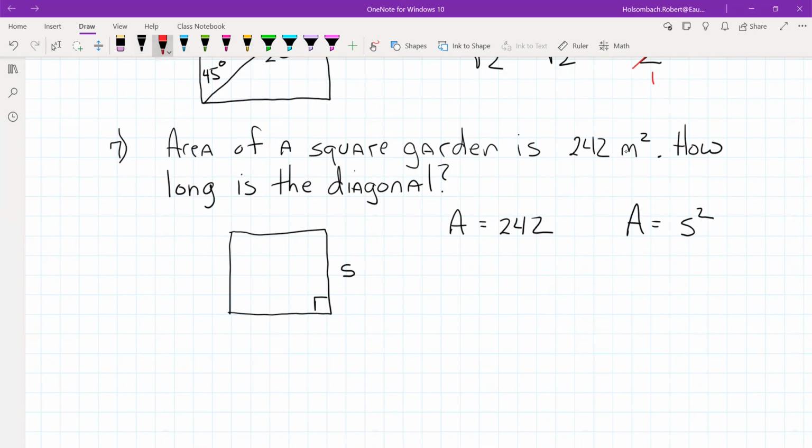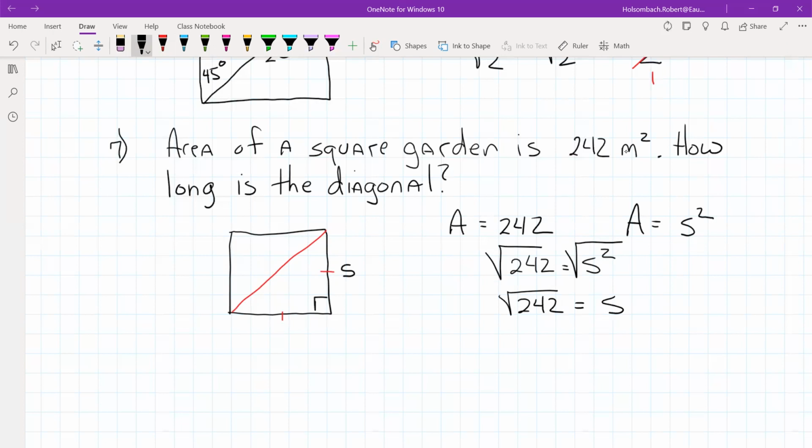How long is the diagonal? Here's the diagonal. We're dealing with another 45, 45 right triangle. So we need to find this side length first. So if area equals 242 and area equals side squared, then 242 equals a side squared. So if we find the square root of each side, then radical 242 equals one of the sides.